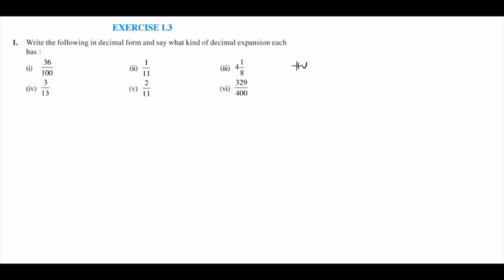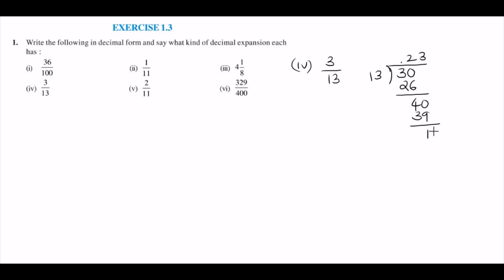The fourth question is 3 by 13. 3 as the dividend and 13 as the divisor. So in 3, 13 will not go. So in 30, 13 goes 2 times, that is 26. 30 minus 26 is 4. So 40, 13 goes 3 times, that is 39. So 40 minus 39 is 1.